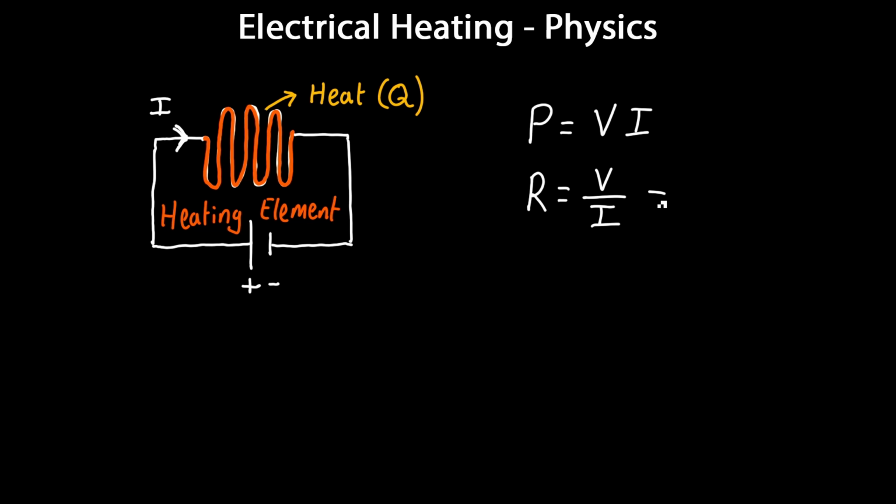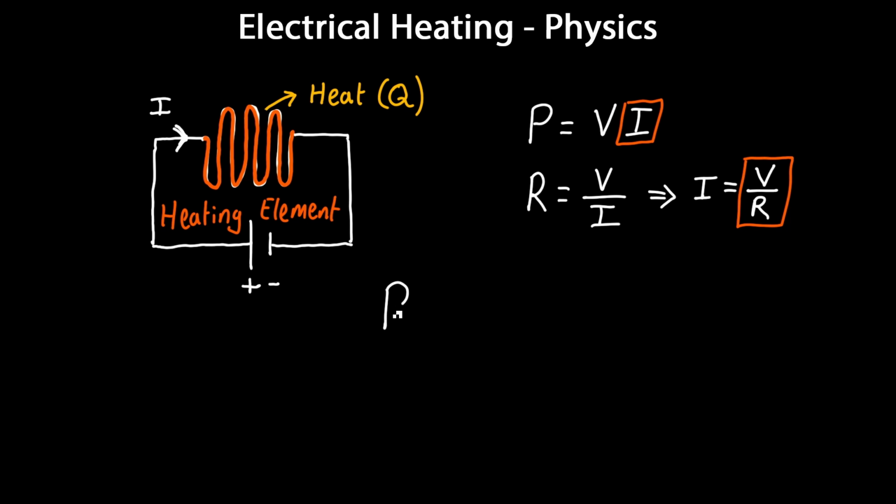If we rearrange the resistance equation to make the current the subject of the formula, we find that the current is equal to the voltage divided by the resistance of the element. So we can use the current here and insert this equation into our power equation.